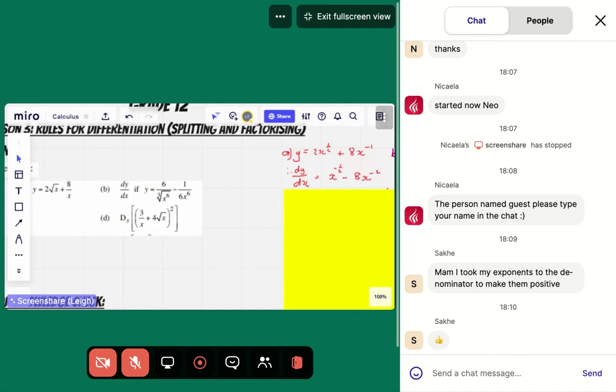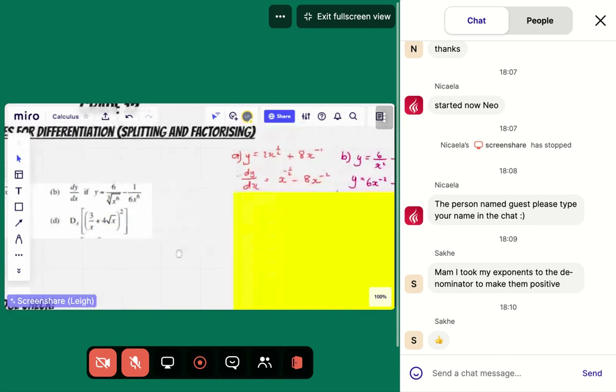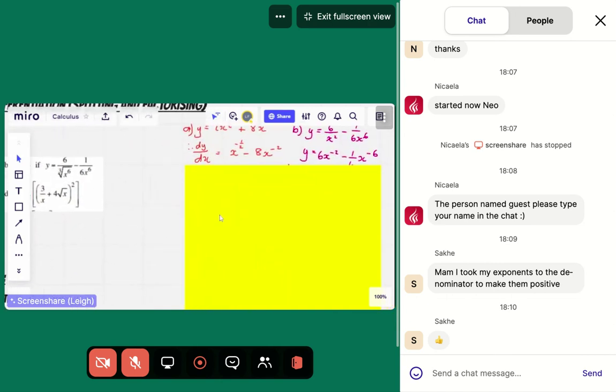Okay, great. All right, so let's have a look at question B quickly, and then we can jump straight into our lesson. Let's not worry about D. Maybe we can try that next time. This is what I got as my answer for question B. So I got the derivative of y with respect to x is minus 12x to the power of minus 3 plus x to the power of negative 7.